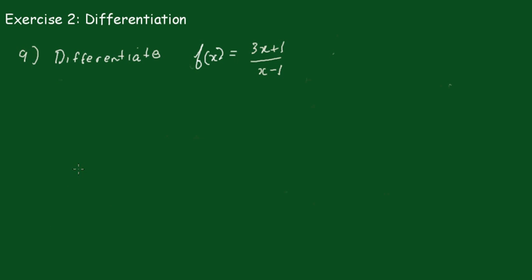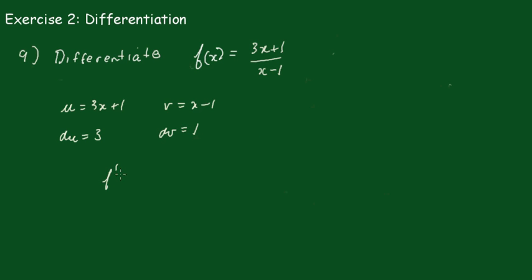All right, number 9, differentiate the function f of x equals 3x plus 1 over x minus 1. Pausing the video. Okay, now here this is clearly a case of the quotient rule. So my u equals 3x plus 1, and my v equals x minus 1. The u dash equals 3, the v dash equals 1.